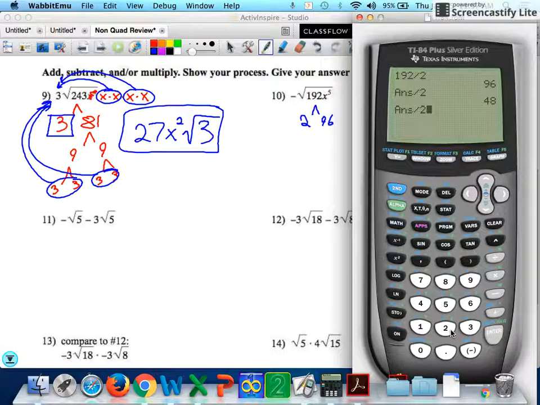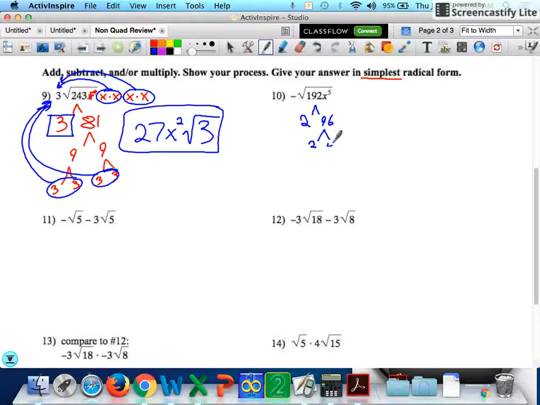I can divide that by 2 again. So I can just keep doing this until I start getting numbers that are small. So 96 is going to break down into 2 and 48, which is 2 and 24, which is 2 and 12, which is 2 and 6, which is 2 and 3. Again, that was many more steps than required, but it kept it nice, easy numbers.